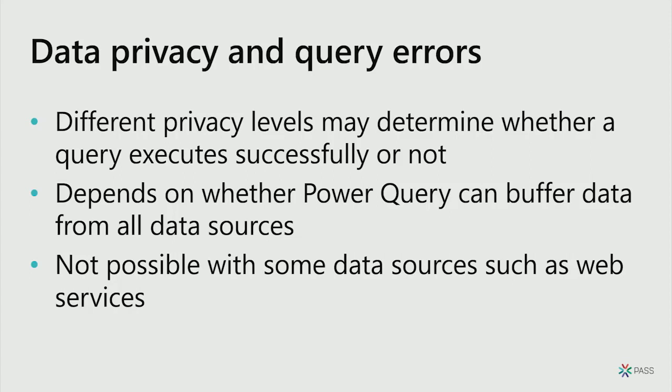We want to go to that web service I was talking about that gets open data. Now, how can I call that web service without taking the name of the day of the week and putting it in the URL and sending it in the request to the web service? There is no way that query can possibly run if the Excel file is going to be marked as private.